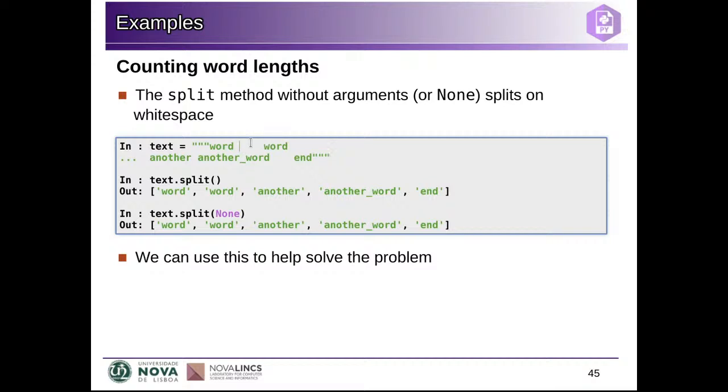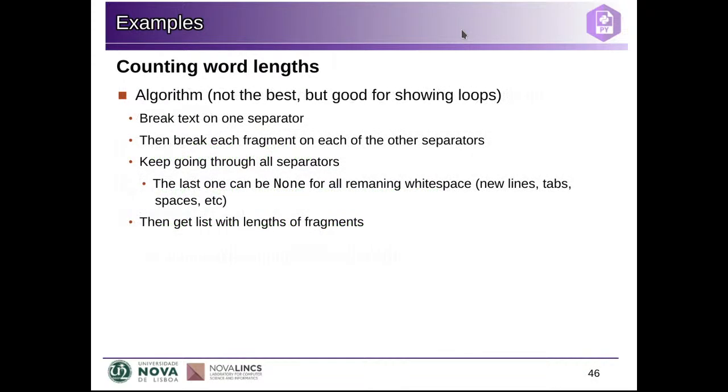It just removes all the white space and splits all the words according to that white space. So None is useful so that we don't have to take into account that words can be separated by new lines, by spaces, tabs, and things like that. Everything that is white space, or these things that are invisible in the text, if we use None as an argument of split, it will cut there.